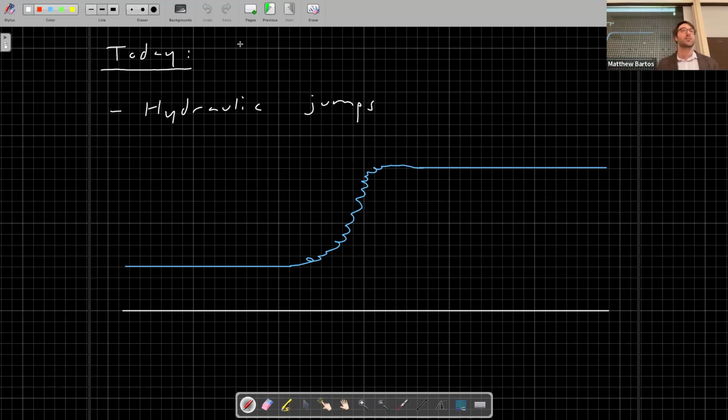Very good. So a hydraulic jump occurs anytime that you have a transition from supercritical flow to subcritical. So that is what characterizes a hydraulic jump. It's a transition from supercritical flow at the upstream end to subcritical flow at the downstream end.